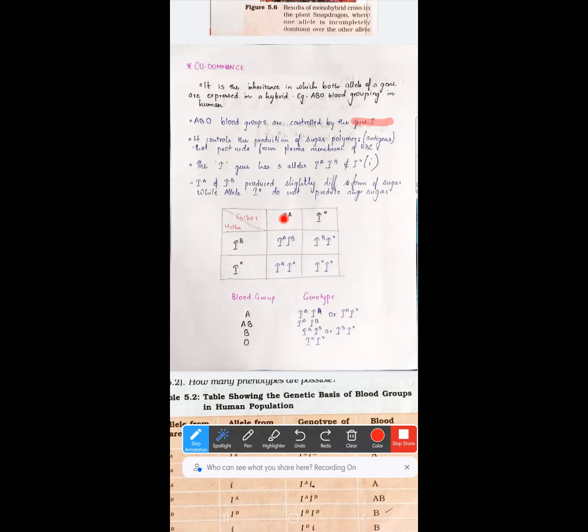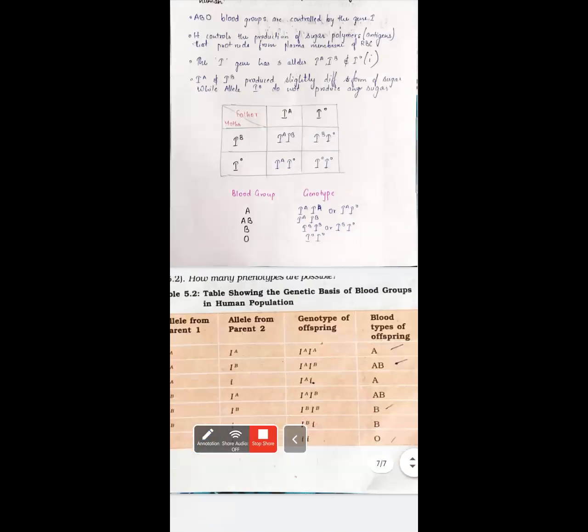IA and IB together form IAIB, which shows AB blood group. IB and I naught shows B blood group. I naught and IA shows A blood group. And if both are I naught and I naught, it forms O blood group.